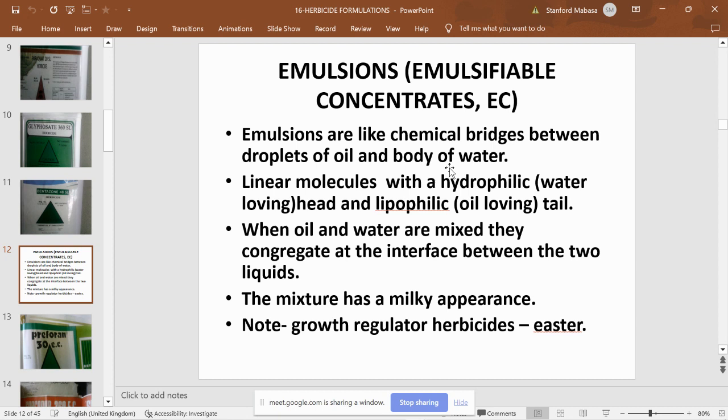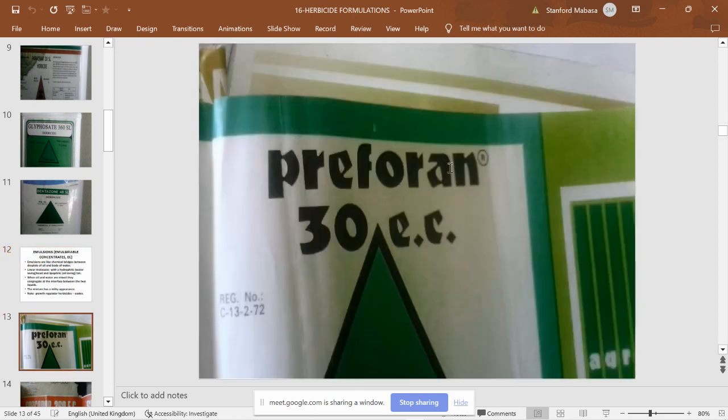Growth regulator herbicides, which are esters, can be in the form of EC, emulsifiable concentrates. Preforan, it's a herbicide written EC, which means it's an emulsifiable concentrate.